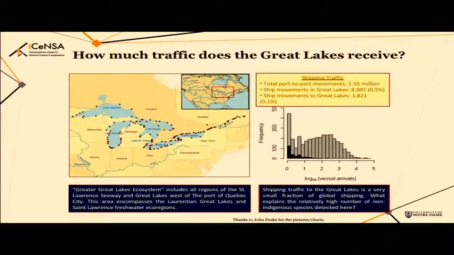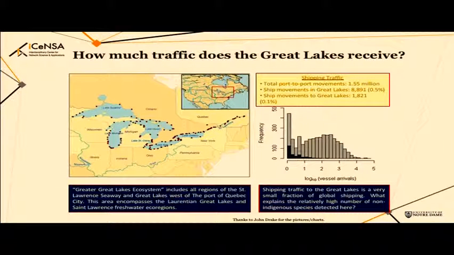To give you some numbers, about 0.1% of the global movement traffic is coming to the Great Lakes, and ship movements in the Great Lakes comprise 0.5%.